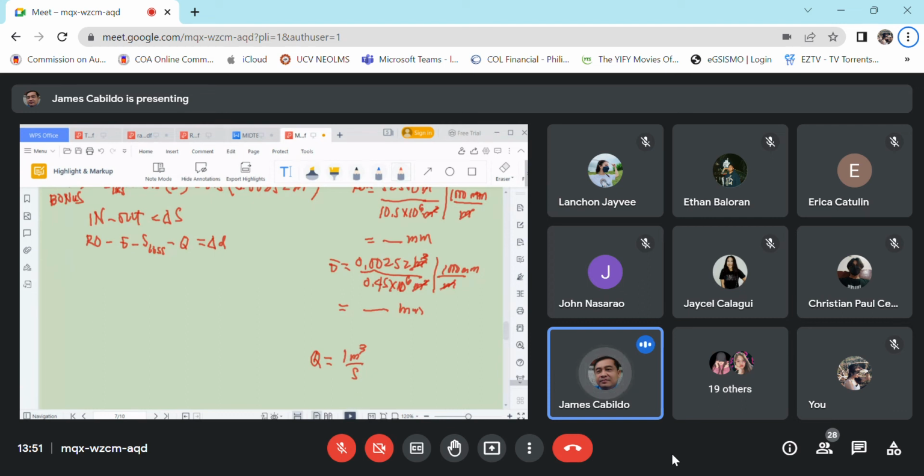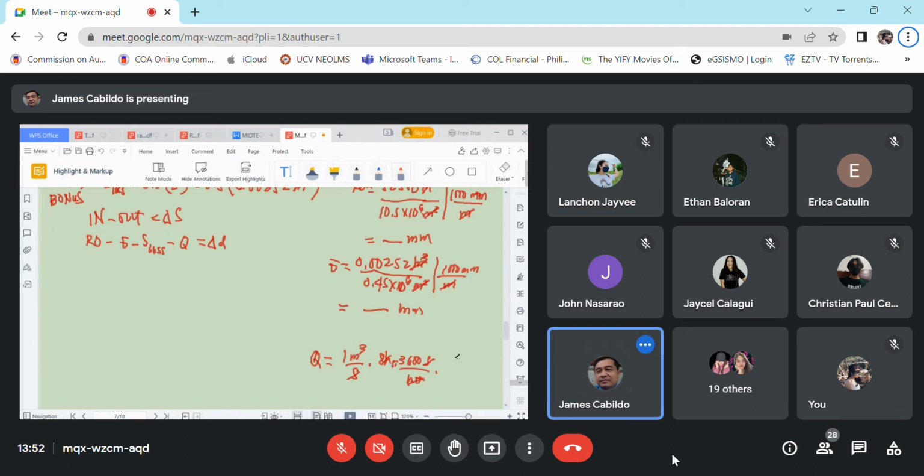So we have to multiply this by 8 hours. Okay? Para makuha natin yung cubic meter, we have to multiply this kasi 8 hours yung delta T natin. Times in 1 hour, there are 3,600 seconds in 1 hour. Okay, so cancel na yung second natin, cancel na yung hour natin. Ang naiwan pa is cubic meter.